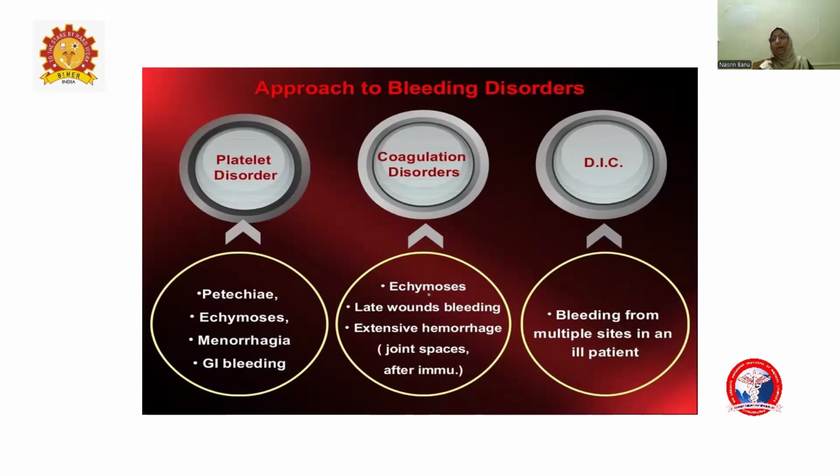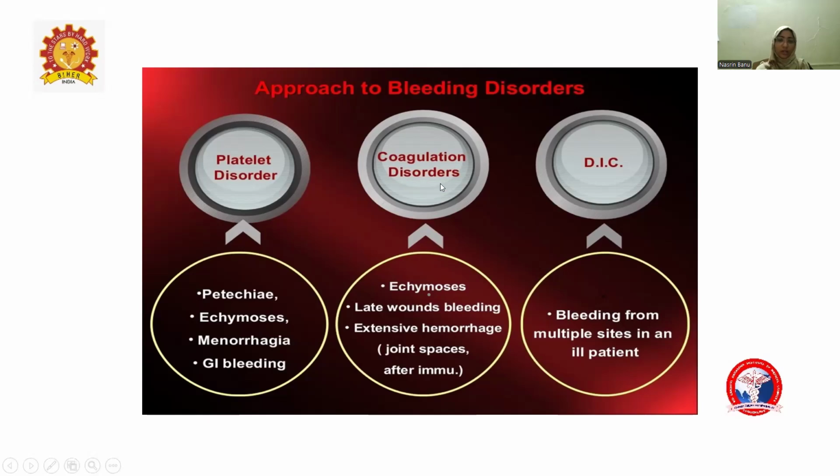Then, coming to approaches to bleeding disorders. Well, what are the bleeding disorders? It can be a platelet disorder, or a coagulation disorder, or DIC. DIC is disseminated intravascular coagulation. Patients with platelet disorders will present with petechiae, ecchymosis, menorrhagia, and GI bleeding.